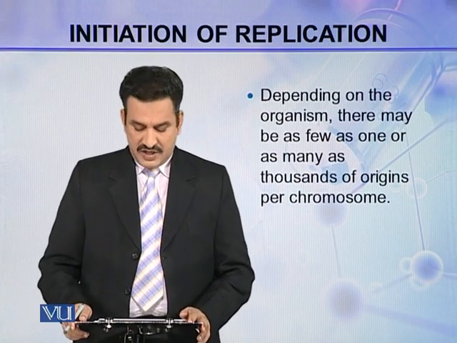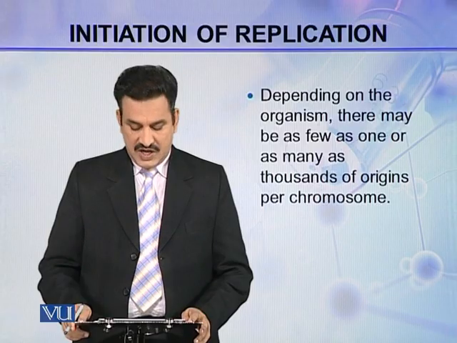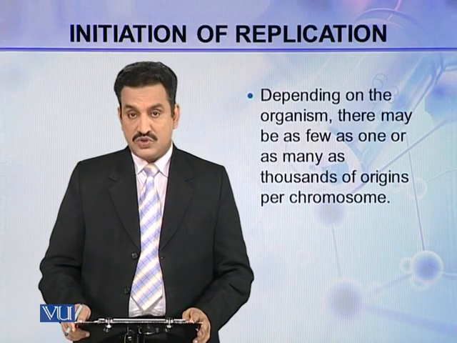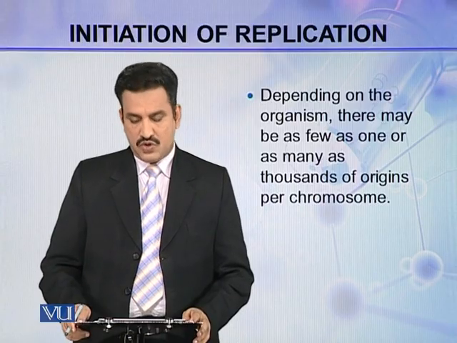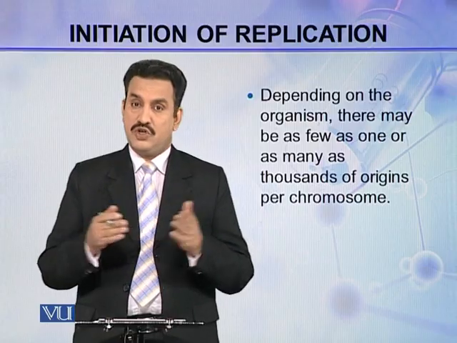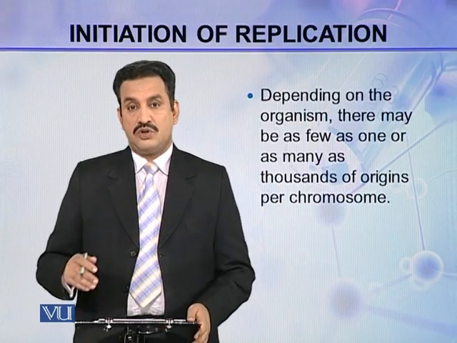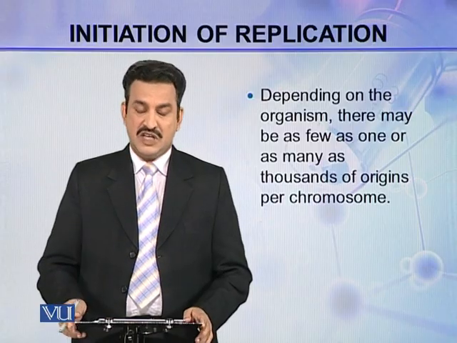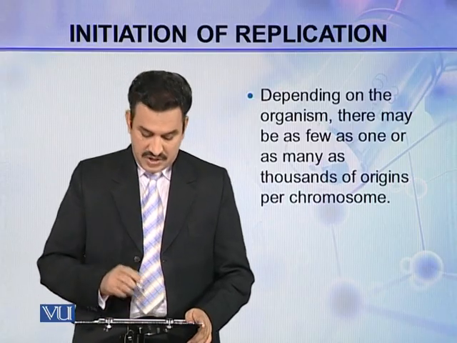Depending on the organism, there may be as few as one or as many as thousands of origins per chromosome. DNA molecules are huge molecules, so thousands of points can be seen where the replication can start.